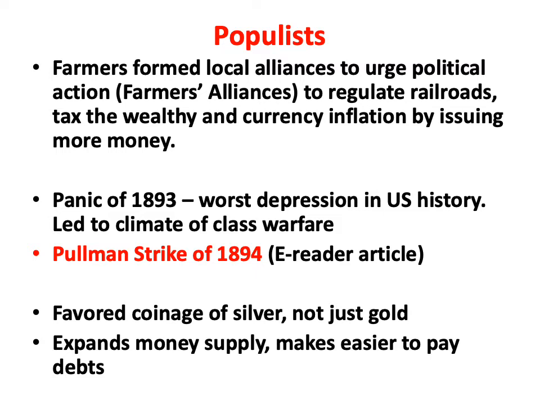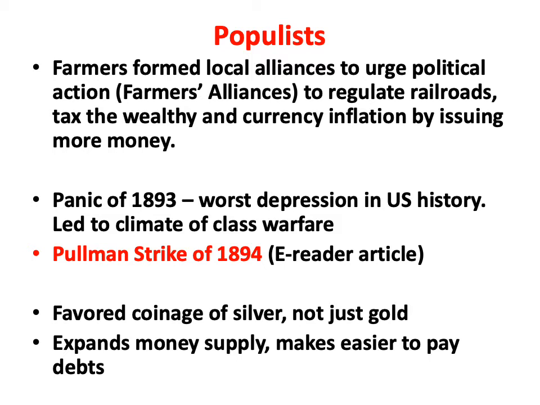With less demand for their product, the company fired some workers, but those that it kept on the payroll, it reduced their wages significantly. But unfortunately for the workers, they did not reduce the amount of rent or the price of food, so the workers were really squeezed. There's an article in the e-reader in this module that you'll be reading, which provides more background.